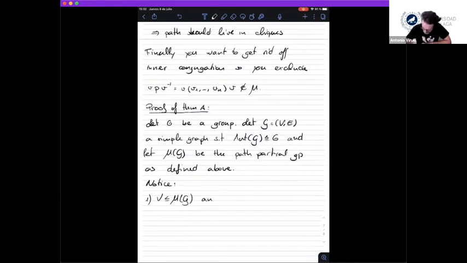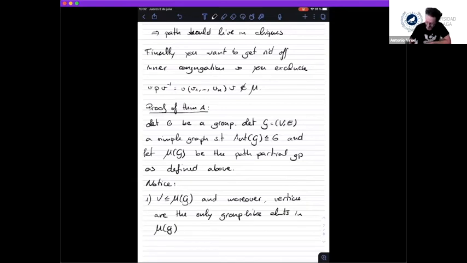And moreover, vertices are the only group-like elements in M of Γ, right?